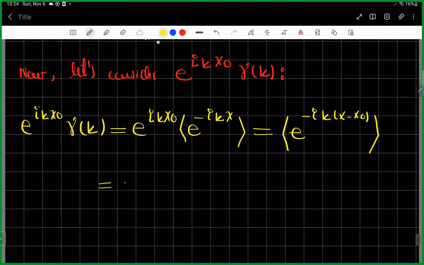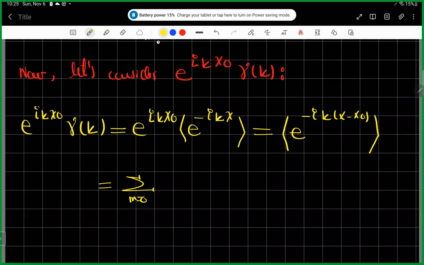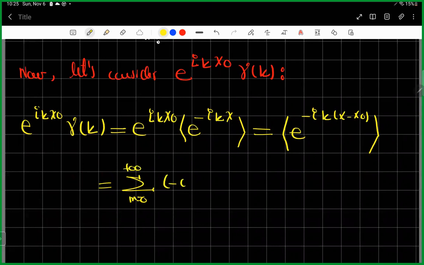Okay, and this is just the sum from m equal to 0 to plus infinity of minus ik to the power of m divided by m factorial, times the expectation value of (x minus x0) to the power of m.